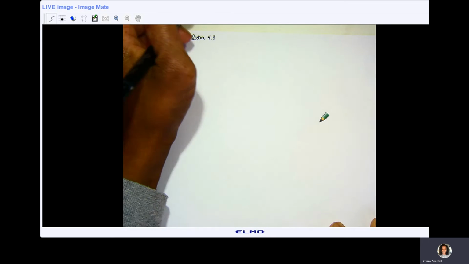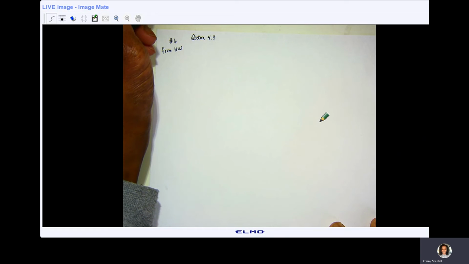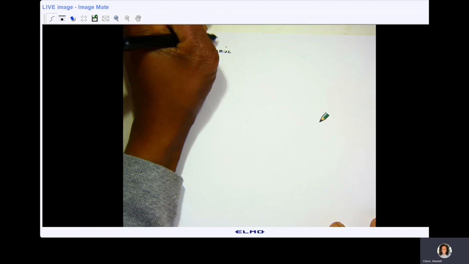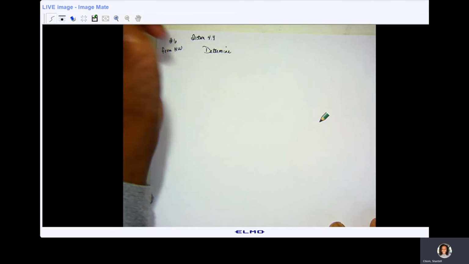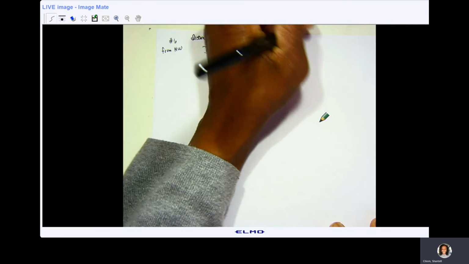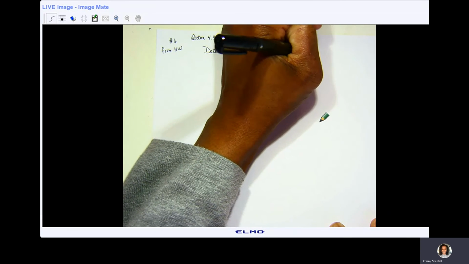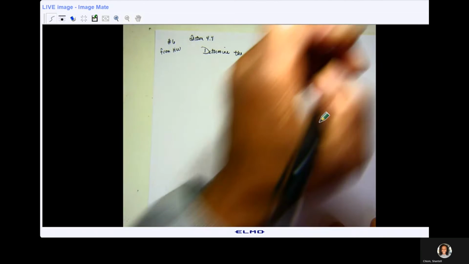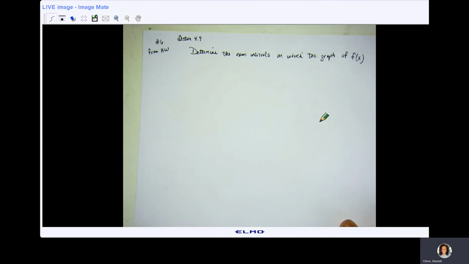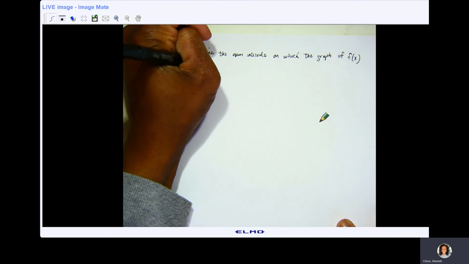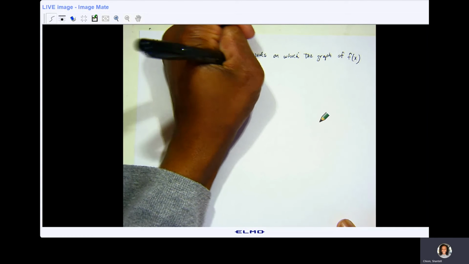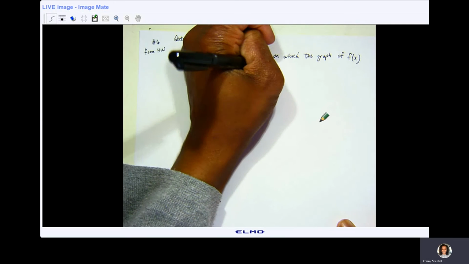It says: determine the open intervals on which the graph of f of x is concave upward or concave downward.